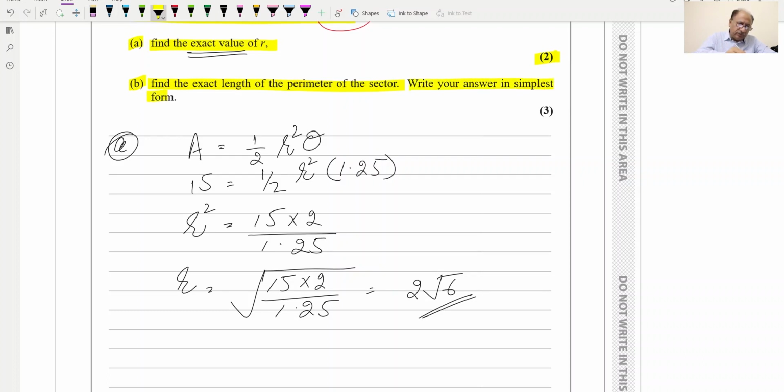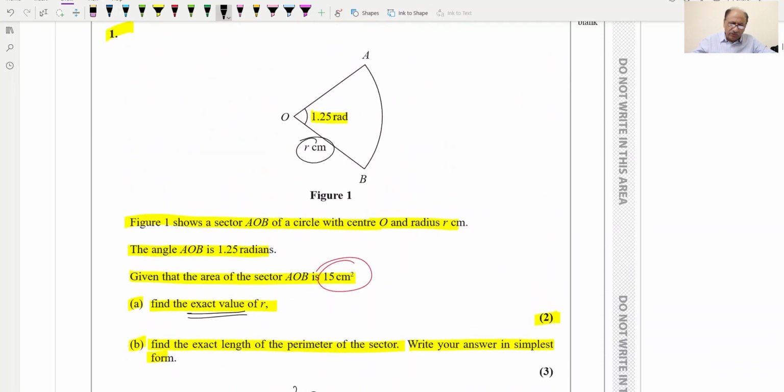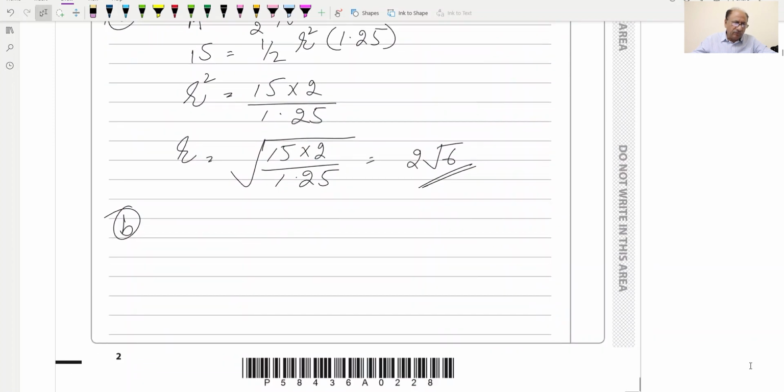So for part B, for the perimeter we require this r and this side is also r, and we will find the length of this arc AB. The arc length we can find by arc AB equal to r theta. This is the formula which we will be using, and we'll be adding.